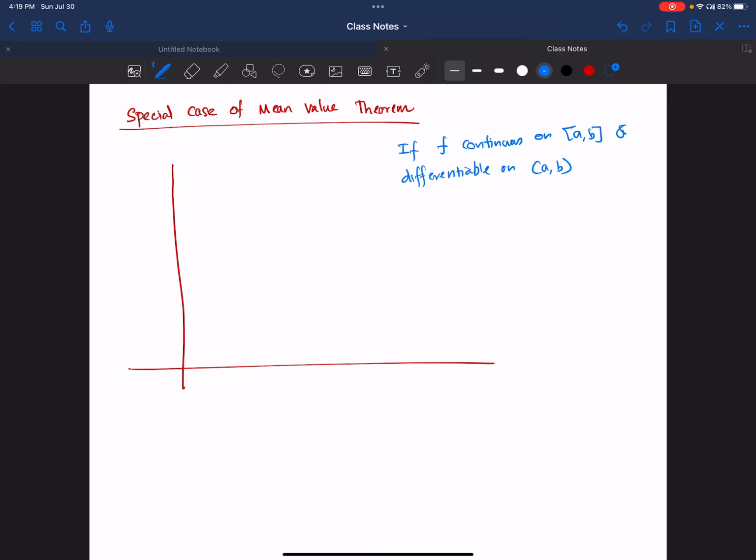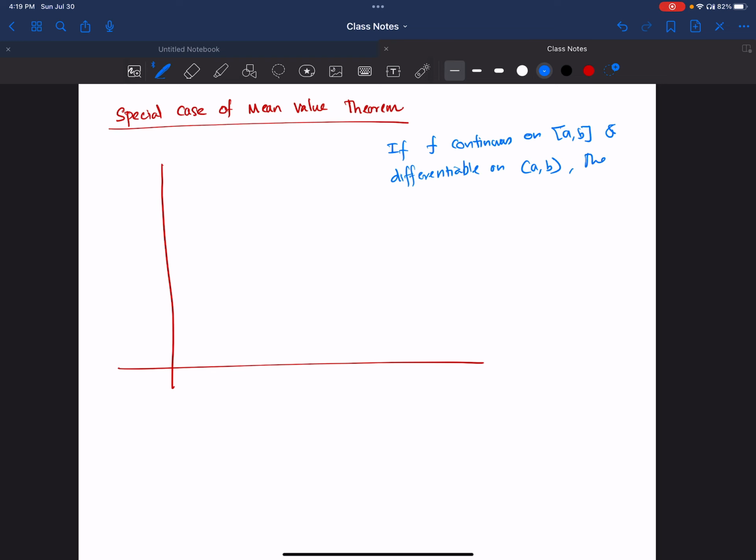then there exists a number c between a and b such that f prime of c equals 0, right?